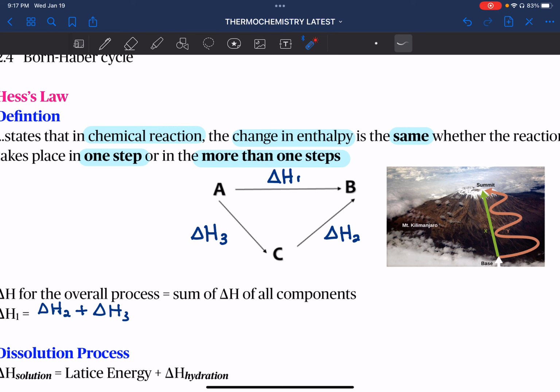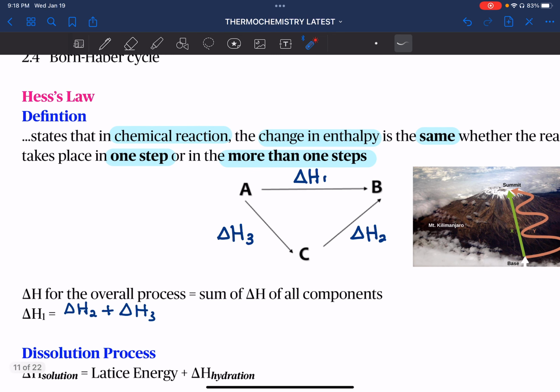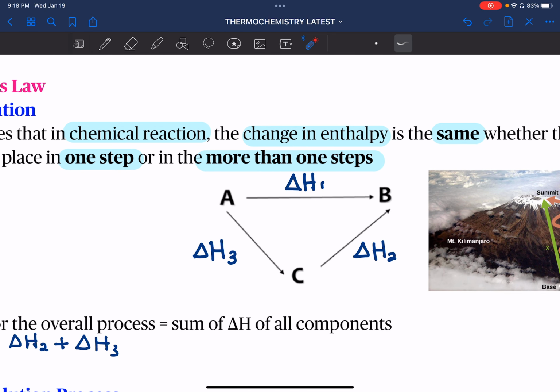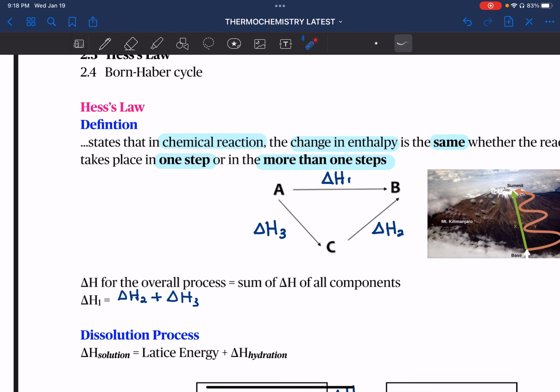So patah balik pada kita punya reaction lah. Let's say kita punya main equation adalah A jadi B. So untuk dapatkan enthalpy change, kita boleh cari dulu enthalpy change of A become C, and C becomes B. So, if we want to find out delta H1, kita boleh tambah delta H3 and delta H2.